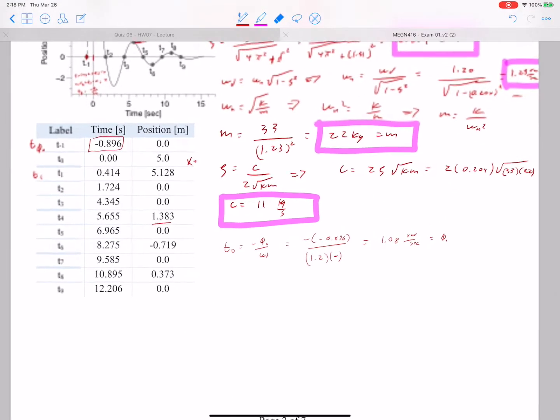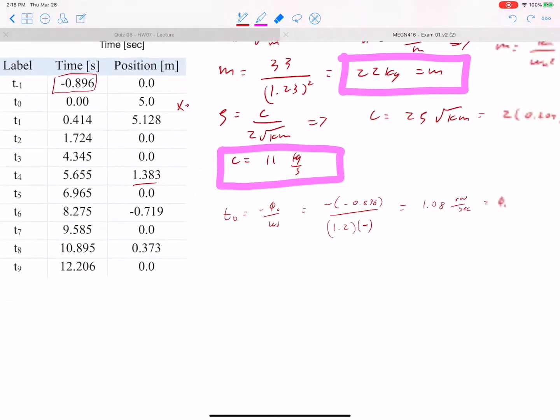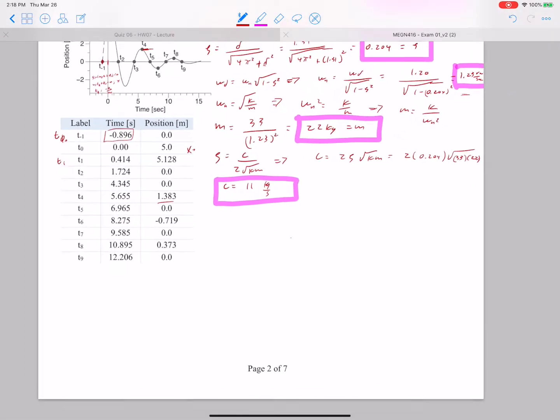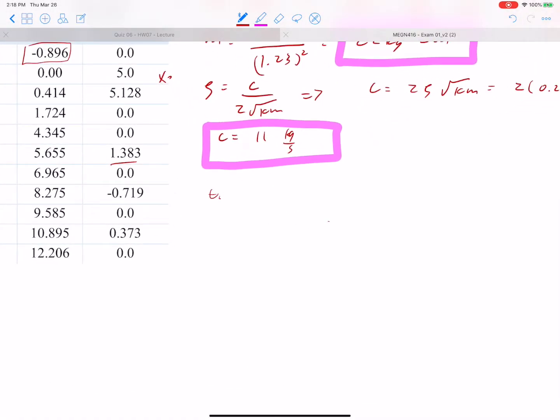Hold on a second. I rearranged things and solved for the wrong thing here. Rookie mistake. So we had t phi is equal to negative phi naught over omega d, and we wanted to actually get phi naught. That tells us that phi naught is equal to negative t phi times omega d.